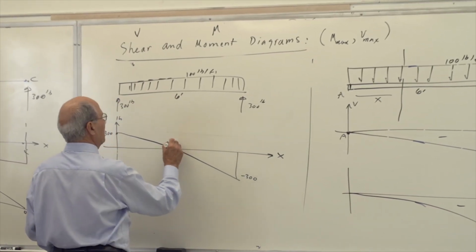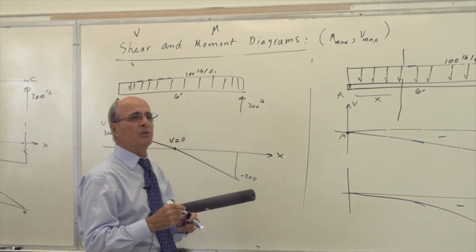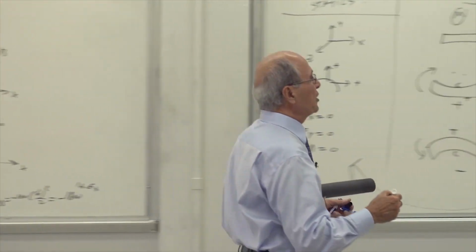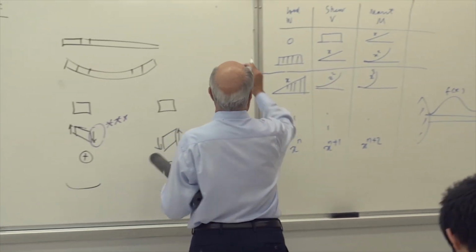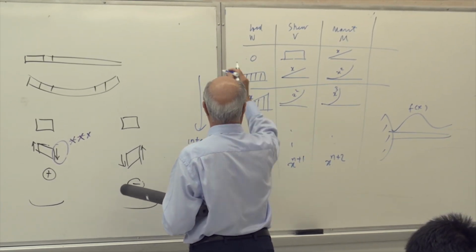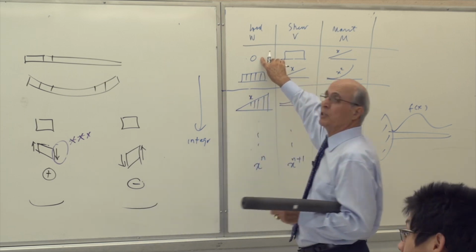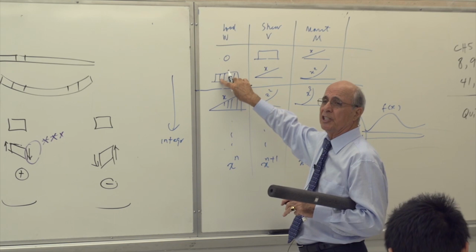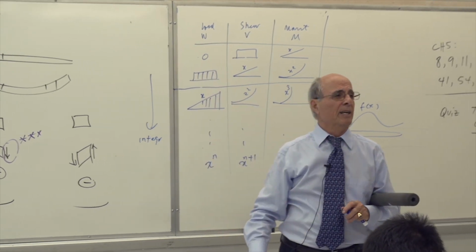This is 0. By the way, when shear is 0, what happens to the moment? Isn't this the integration, guys? If you go this way, you integrate. In future, when I give you the load and things come a little more complex, you can integrate to get the shear, and integrate to get the moment.